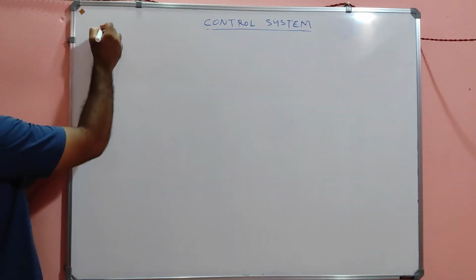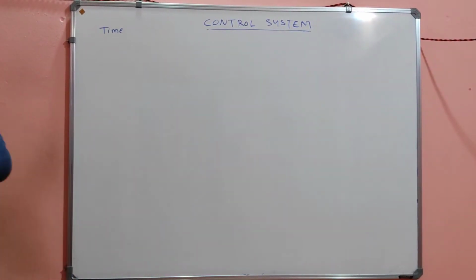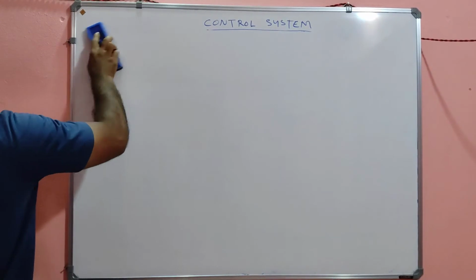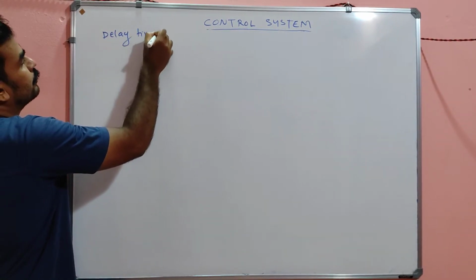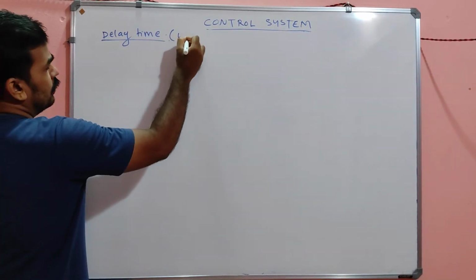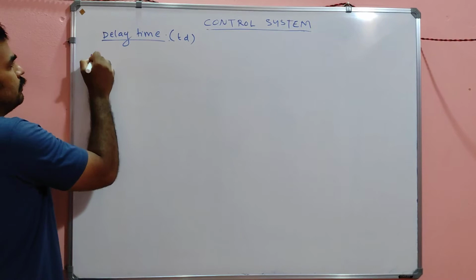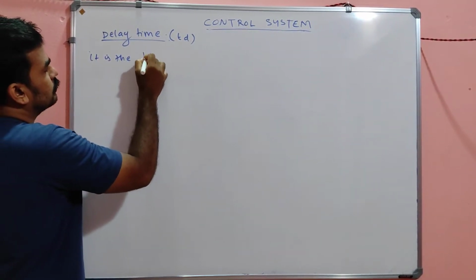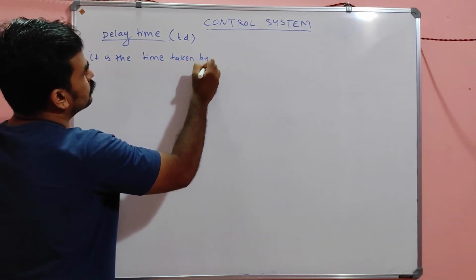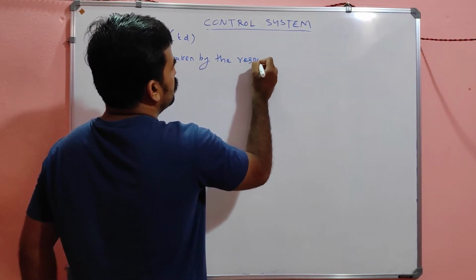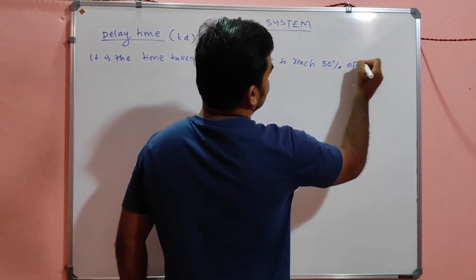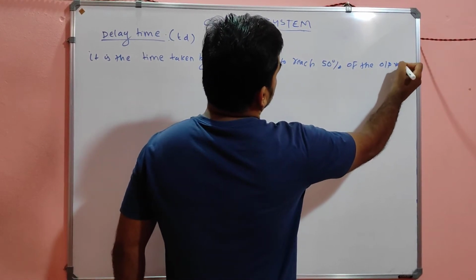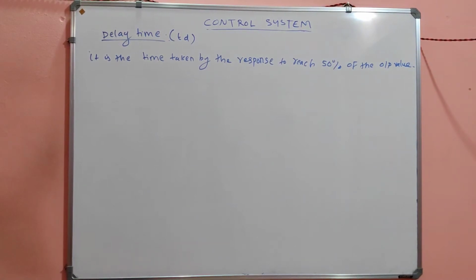Next, delay time, represented by TD. Delay time is the time taken by the response to reach 50% of its final value.